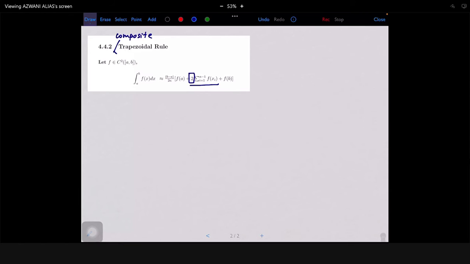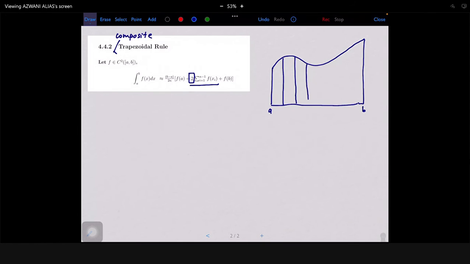Okay. So let's say this is a function. Okay. Kita ada the value of, let's say kat sini biasalah guna A and B. Dan kita pecahkan the interval from A and B ni kepada beberapa sub-interval. Let's say 1, 2, 3, 4. Ambil dot lah, tak tahu berapa. Okay.